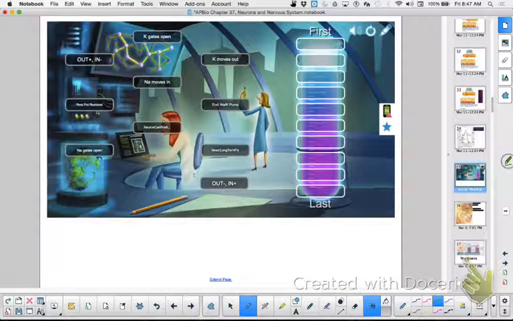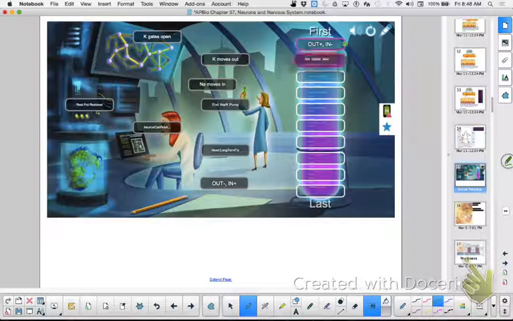Out is positive and in is negative. What is that called? Resting potential. Good. What comes next? Gates open. All right. Then what happens? Then the Na moves in. All right. And then the outside becomes negative and the inside becomes positive.